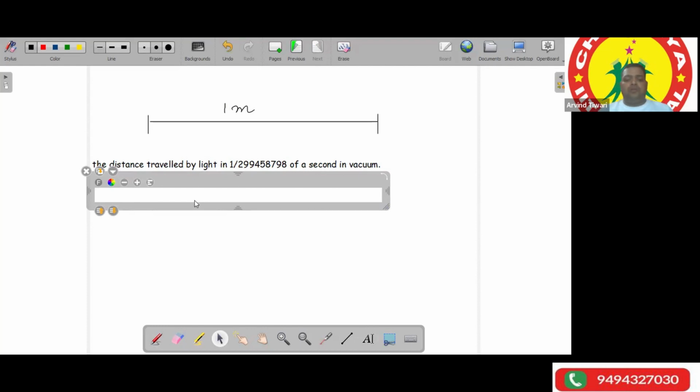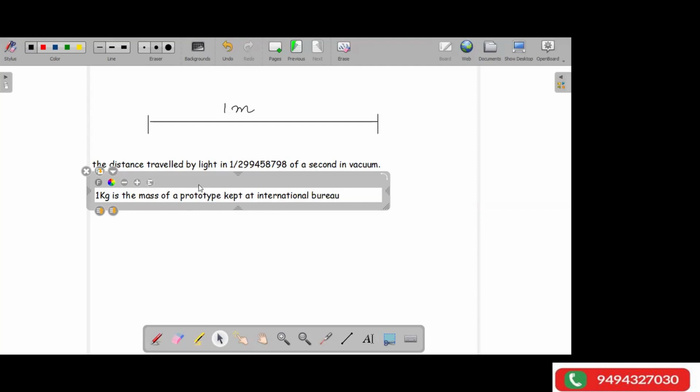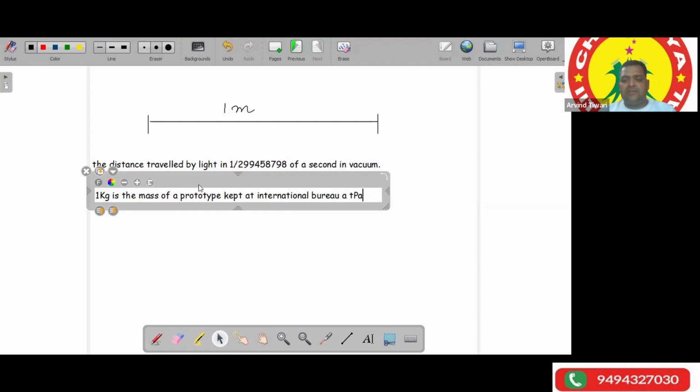Right? So how do we define 1 kilogram? 1 kilogram is the mass of a prototype kept at the International Bureau at Paris, France.